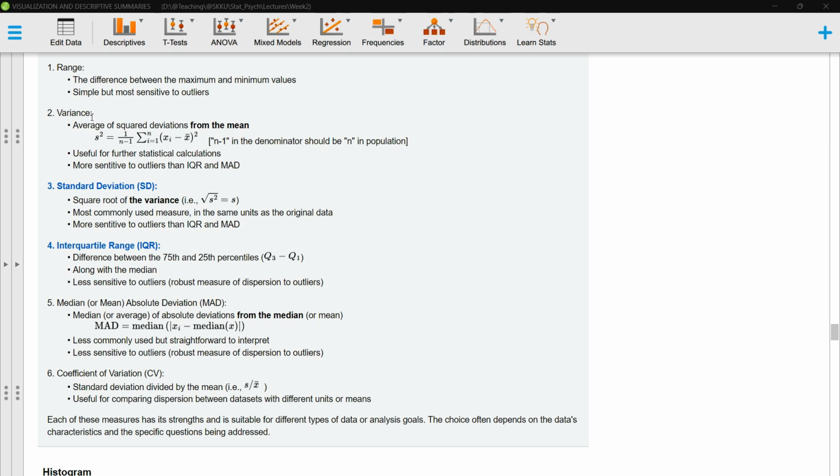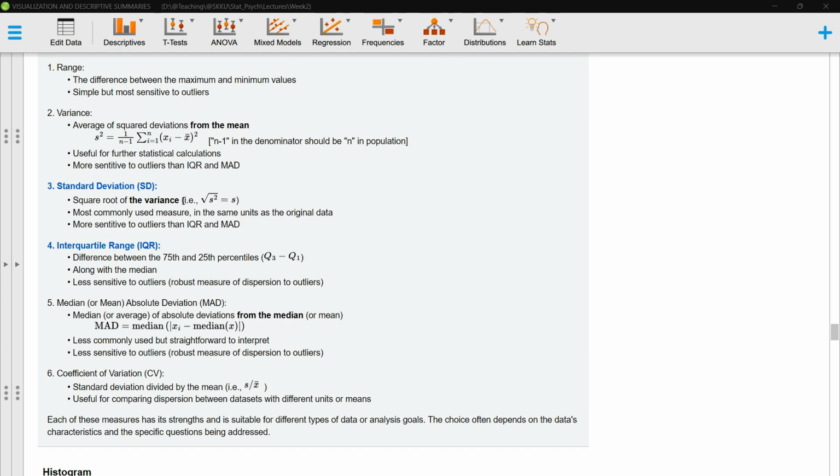The variance is the average of squared deviations from the mean. So the function for the calculation of the variance is the squared deviation. Deviation means the distance between each observation and the mean, so observation minus the mean. And the squared deviation means the square of that deviation, and then the summation of all the squared deviations.